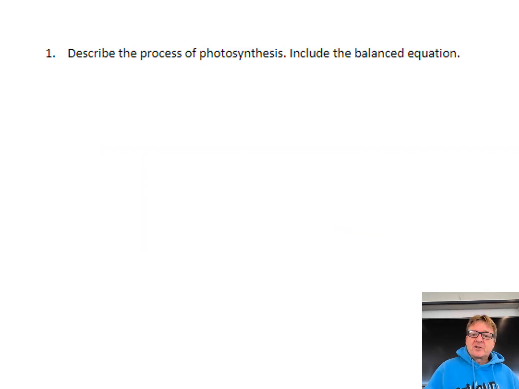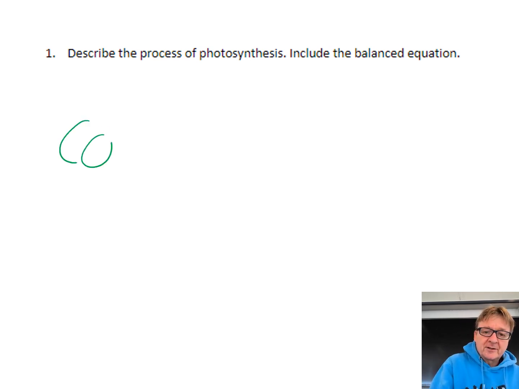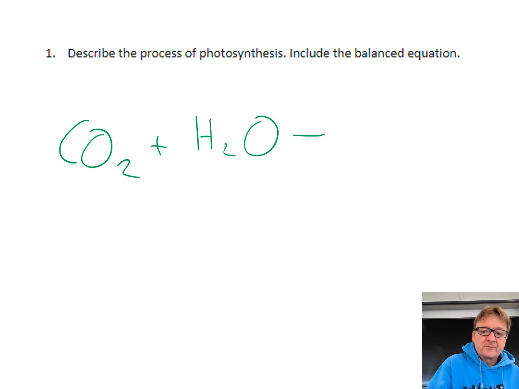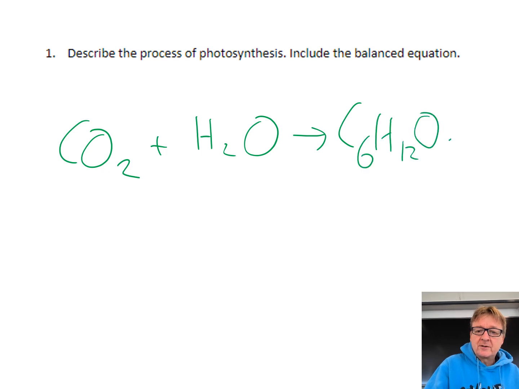Describe the process of photosynthesis, including the balanced equation. I'm just going to literally do the balanced equation. CO2 plus H2O goes to C6H12O6 plus O2.